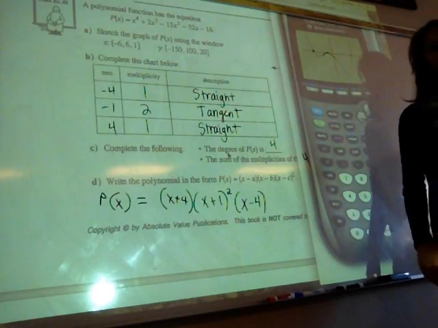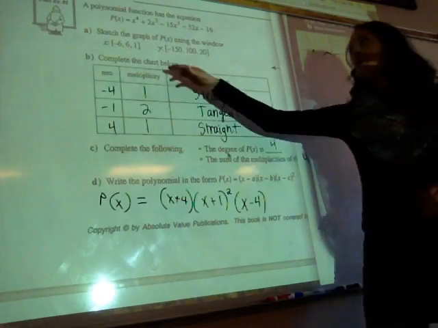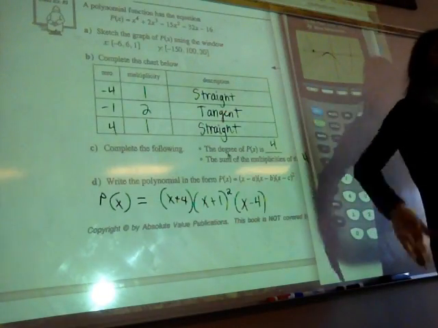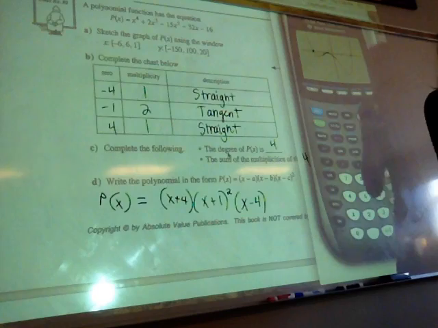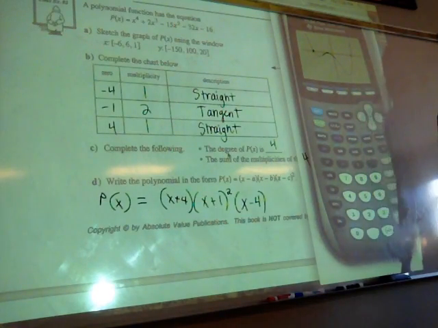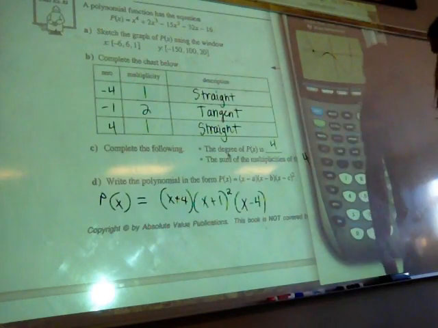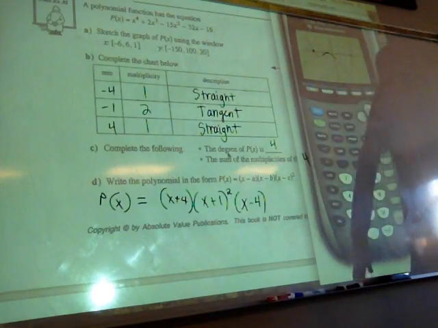If you have an odd multiplicity, or I guess I should say odd degree, say you had x cubed there instead, you would have odd arms. They'd be opposite. And if you're negative slope, which will your left arm be? Okay, negative slope. Is it going to be up or down? Up. Okay, so you'd have negative slope this way, positive slope that way.